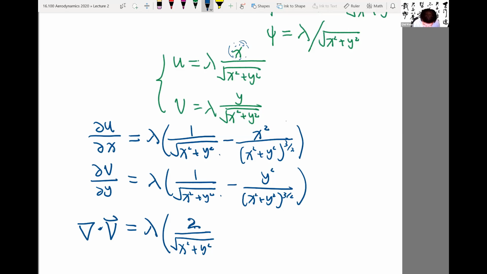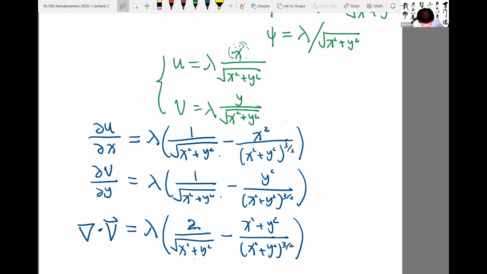And the sum of the second terms is minus x squared plus y squared, and we are dividing by x squared plus y squared to the 3/2 power. Right, so the x squared plus y squared cancels with one of these powers, and we basically get back to this. But I think I'm missing a factor of 2 somewhere.